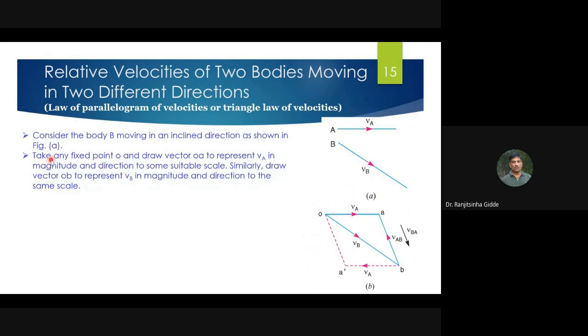We need to take any fixed point, and this one is the fixed point O. Accordingly, we need to draw vector OA, which is parallel to this VA and with the same magnitude.